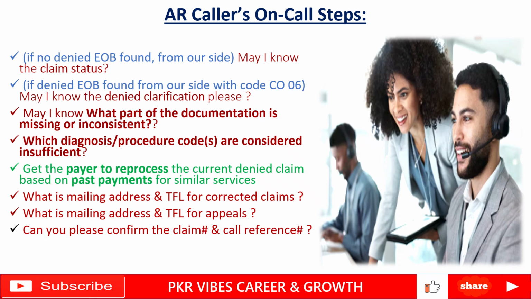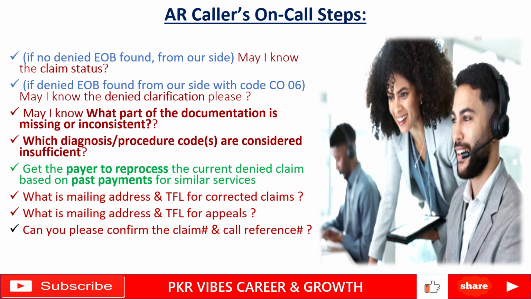At that time, you have to ask the insurance representative the next question: may I know which part of the documentation is inconsistent? The reason I ask this question is that you have to analyze exactly which part of the documentation is inconsistent or missing. Mostly it is inconsistent, either a diagnosis code or a procedure code.